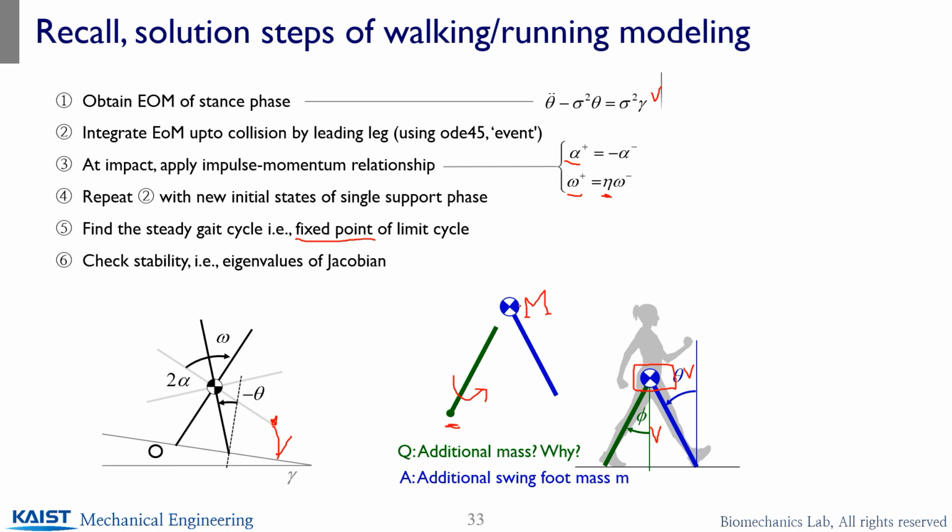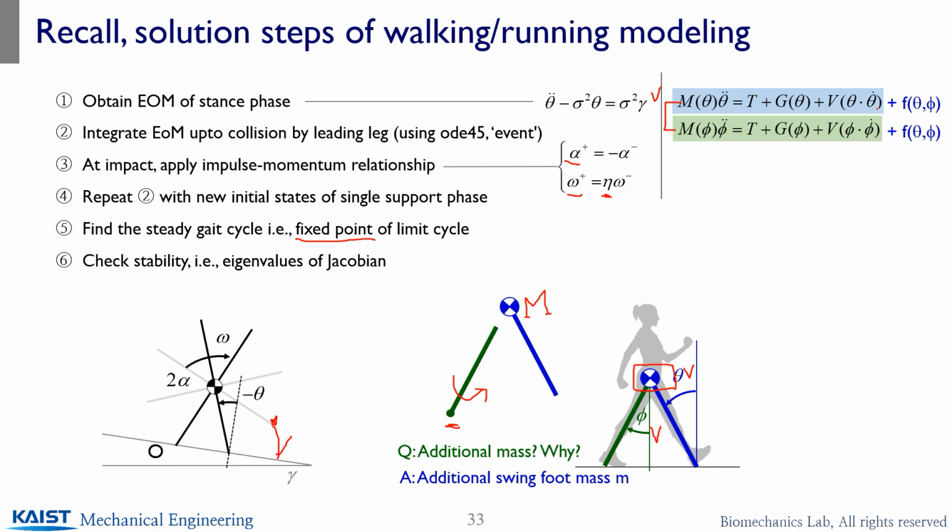So the two equations of motion, for the swing leg and the stance leg mass, that is, the stance leg motion theta and the swing leg motion phi, will be worked on. And of course, it's going to be similar to a robot equation, with an inertia term, actuation term, gravity term, velocity term, and the coupling term between the swing leg and the stance leg.